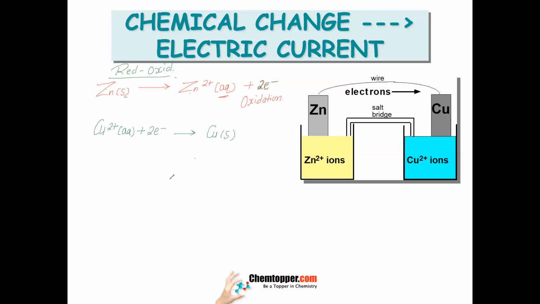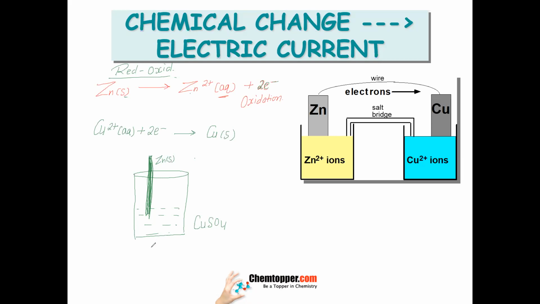If I carry out this reaction, children, in a single beaker, here I'm taking copper sulfate, CuSO4, and in this I have placed a strip, a bar of solid metal, zinc solid.